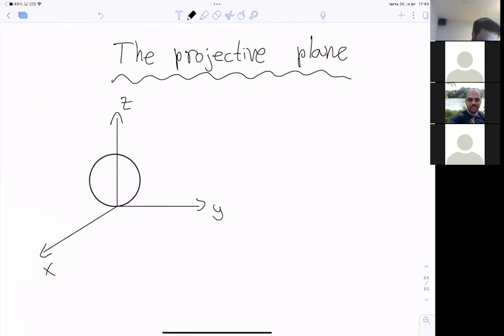Okay, this is kind of a sphere. And we look at this point. This point is 0, 0, 1.